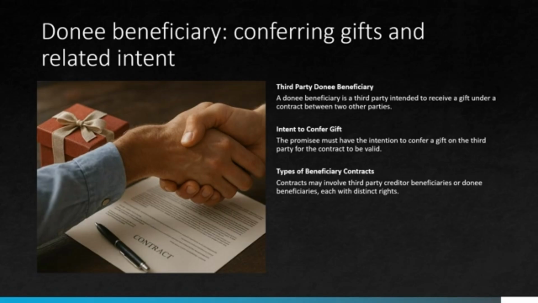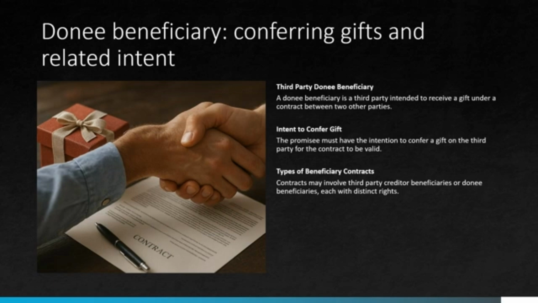The key here when looking at a contract and determining what type it is, is to look at the intent of the parties when the contract is formed. At the time they are forming this contract, it must be clear that the purpose of the contract is for at least one of the parties to benefit some third person, not a party to the contract.